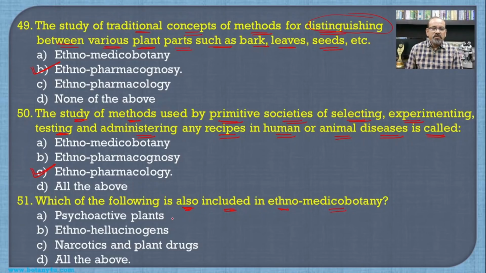Here the psychoactive plants are responsible for acting on the psychology of the organism, ethno-hallucinogens are responsible for introducing hallucinogenic behavior or activity, and the narcotics and plant drugs are responsible for acting on the nervous system of the organism. All these three different types of plants are included in ethnomedico-botany, and hence all the above becomes the answer for this question.